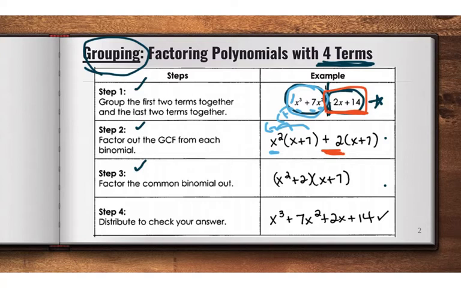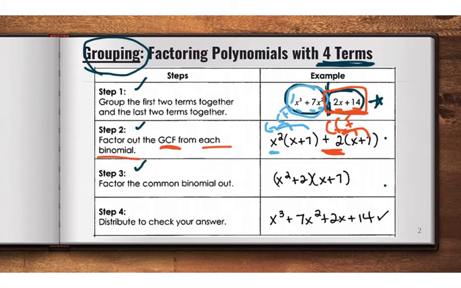It is the biggest number that can divide into 2 and into 14. So my GCF for my second pair of terms is 2. And 2 times x is 2x, and 2 times 7 is 14.